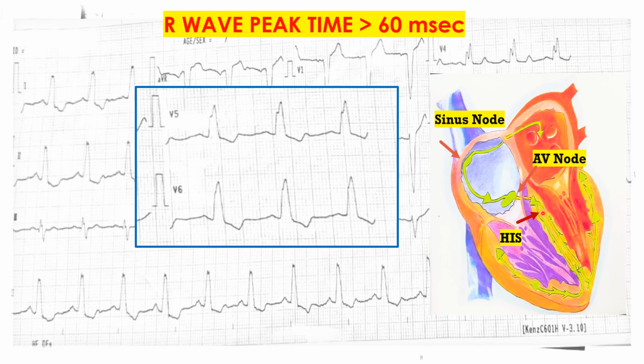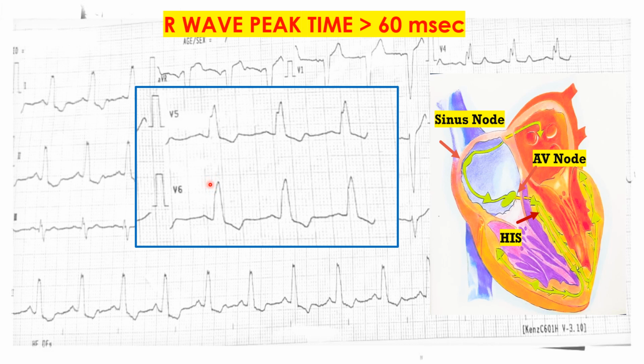There is a delay from here to here, and the R wave peak time in these leads, I, aVL, V5 and V6, should not go sharply upwards like in normal conduction. Different bizarre forms can be seen, one of them with notching, as we can see over here. You can see that there is a delay in the upstroke from here to here. That is the R wave peak time.